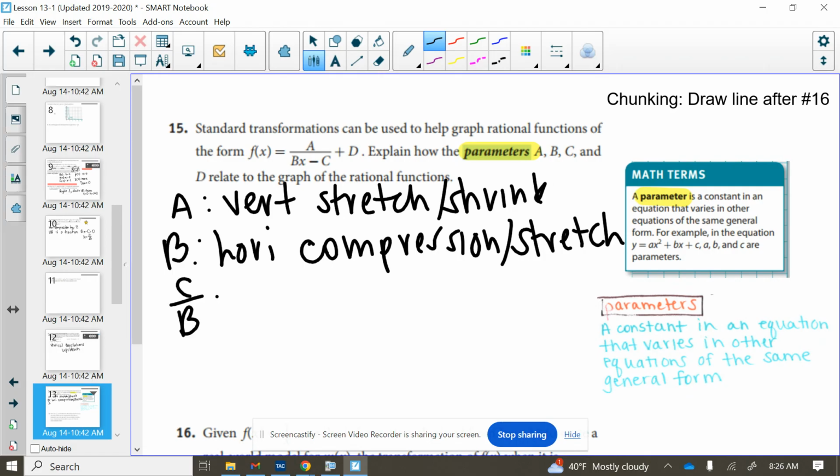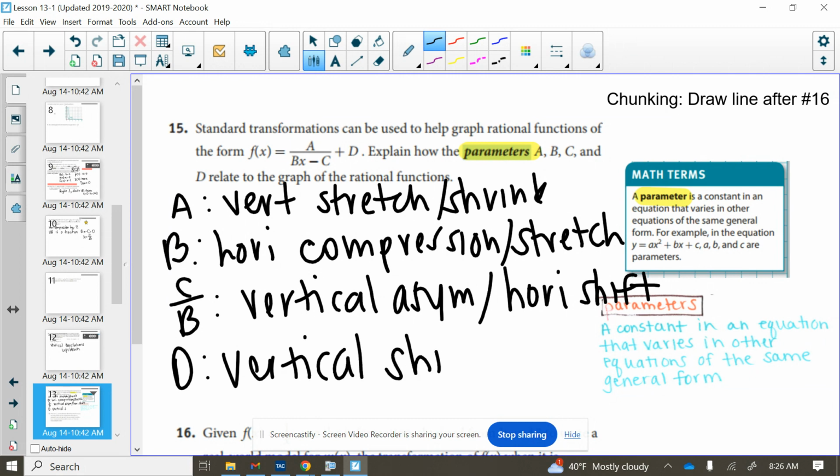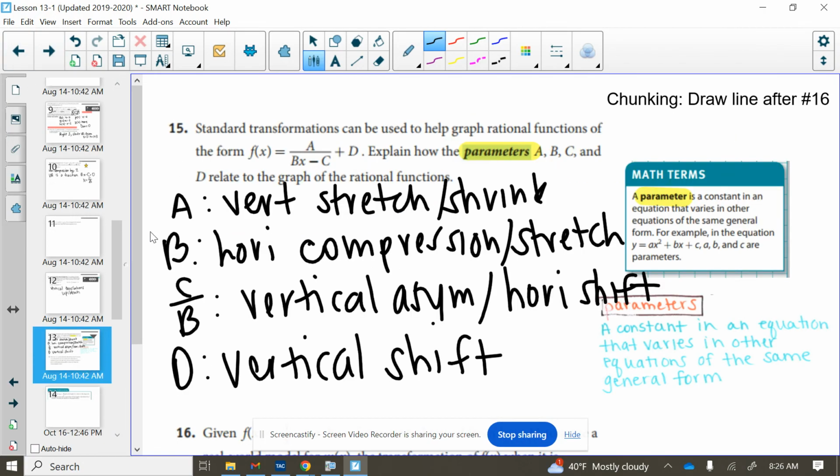C over B we talked about will be the vertical asymptote, basically that horizontal shift. And then D is our vertical shift up or down. So these are kind of important features, because then they allow us to tell how we are going to be moving our different parameters.